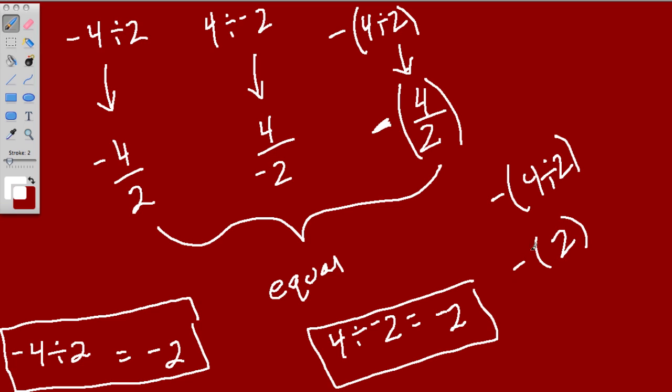And we have negative 2. What does that mean? Well, that's like a secret way of writing negative 1, which is not written here, but it's implied, times 2, which is negative 2. So in all three cases, we get the same number. So please recognize that if the negative sign is in the numerator, the denominator, or the middle, it all means the same thing. You shouldn't worry about the location of the negative sign.